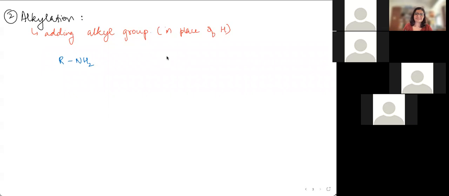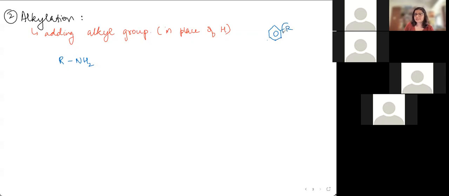Friedel-Crafts alkylation is the replacement of an aromatic proton with an alkyl group. Correct. So whether it's benzene or toluene, any aromatic compound, you replace one of the hydrogens with an alkyl group.